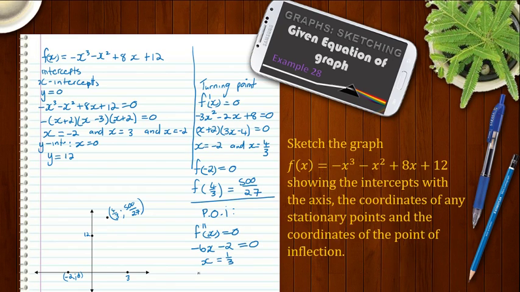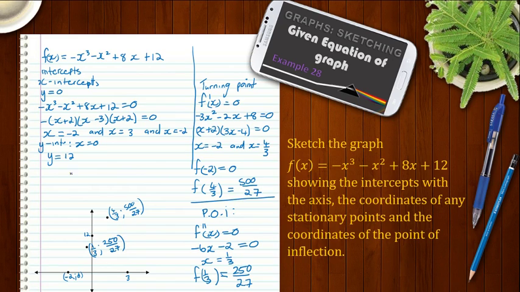Then if I substitute 1 over 3 into my original equation, that gives me 250 over 27. So my coordinate here will be 1 over 3 and 250 over 27.